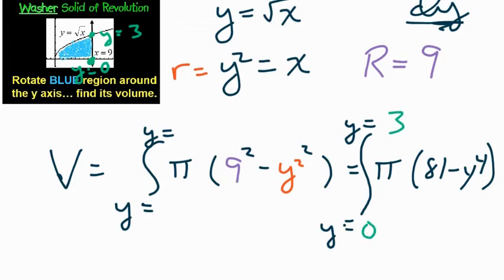I want to go from 0 to 3, again, because this is a dy integration. We could pop this into fnInt, find your volume, and of course we will have a shape that has a hole in the middle that is a washer for its cross section, and about 610 cubic units.